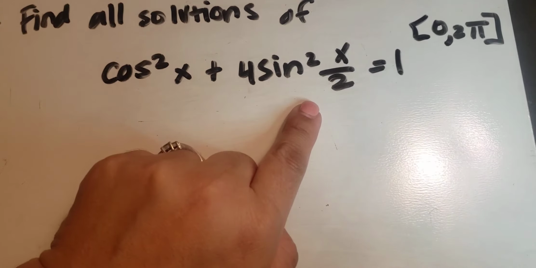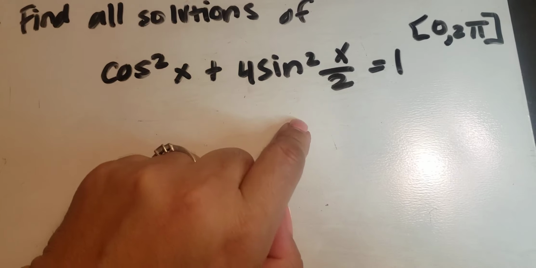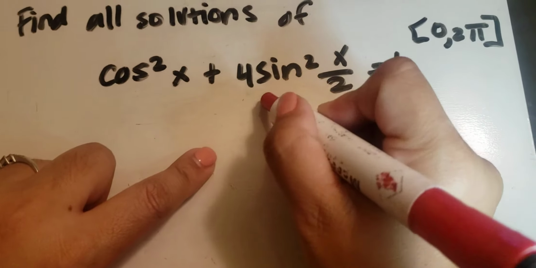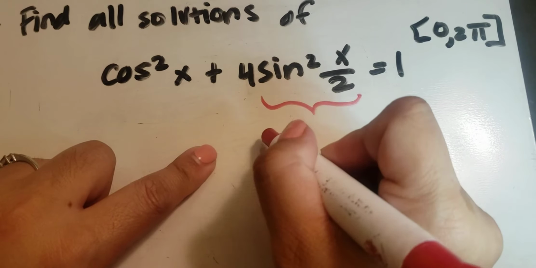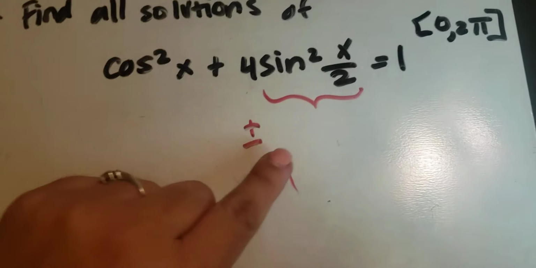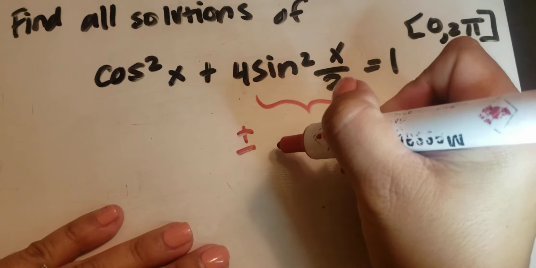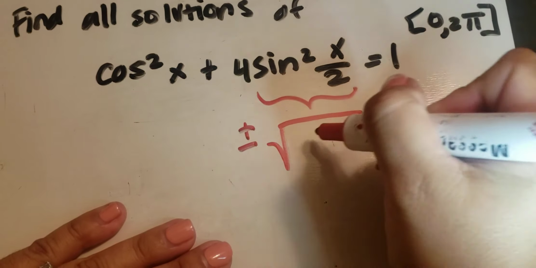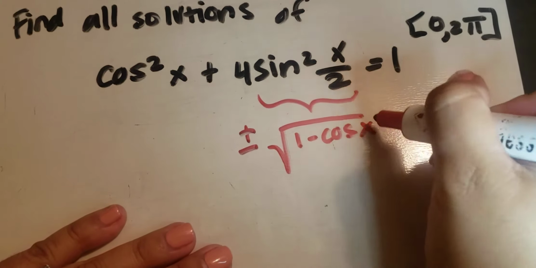Okay, so we're working with a half angle here. For the half angle, I'm going to use plus or minus the square root of 1 minus cosine of x.